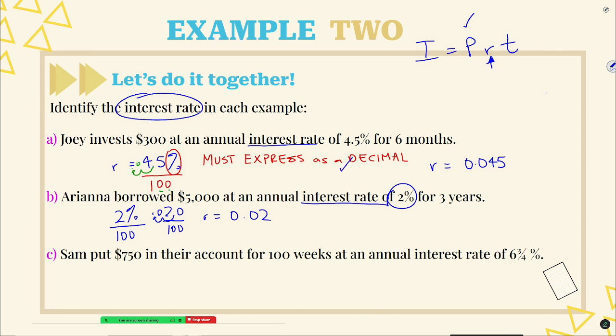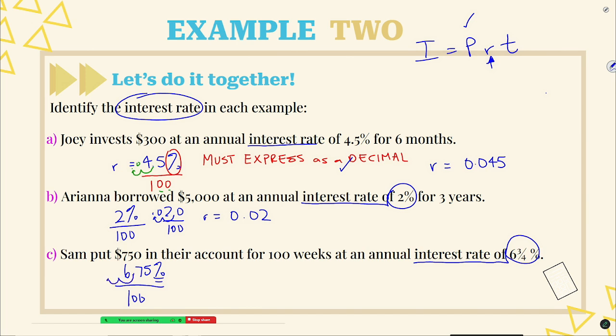Last practice, let's look at Sam, who put $750 in their account for 100 weeks at an annual interest rate of 6.75%. We still have the percentage, so we have to divide by 100.